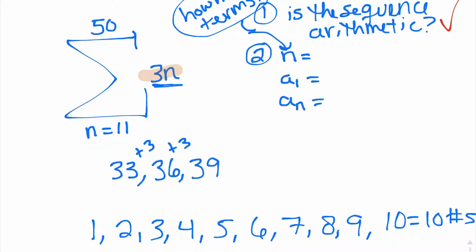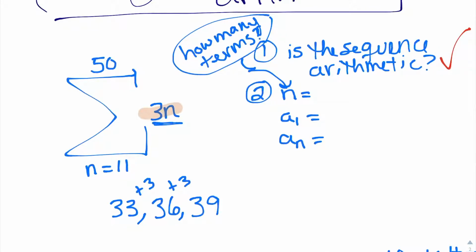But if I go from 0 all the way to 10, that's going to be 11 numbers. So anytime your initial value starts on a 0, you're always going to add 1 to how many you would think there are. And if it begins on a 1, then we're going to have an even number like 10 or 20 or 30 or 40. So we're going from 11 to 50, so my n is 40.